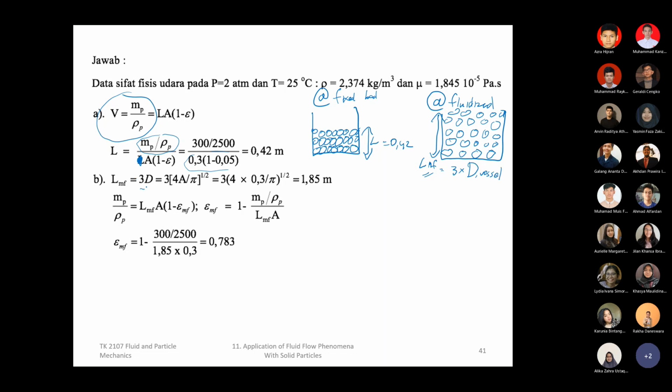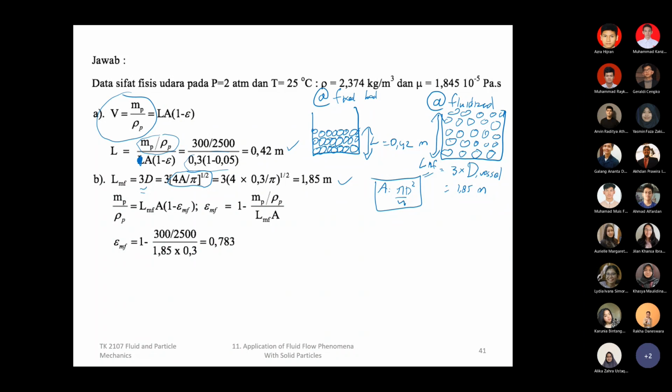It's just a correlation from the area, because we know that area is d square per 4. So now we get that after being fluidized, it becomes 1.85 meter. Previously, it's only 0.42 meter.